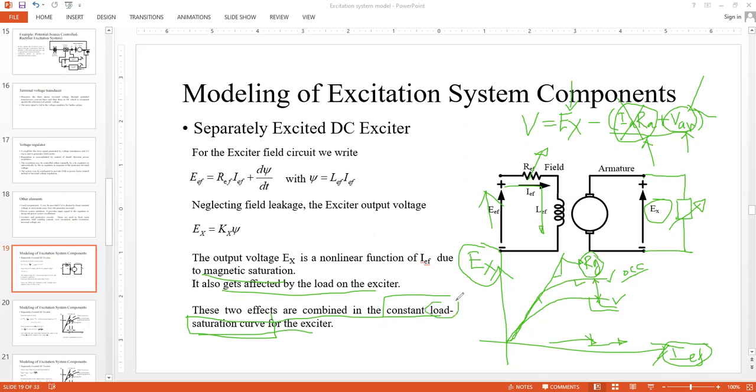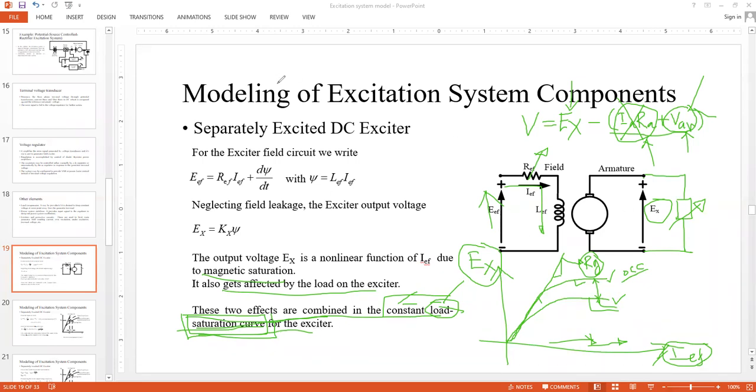Now the machine is loaded and there is saturation being taken into account. So these three things: constant resistance line, the system is loaded, and there is saturation. In the second curve over here, you are getting these three things all together. That's why it's named the constant load saturation curve for the exciter.